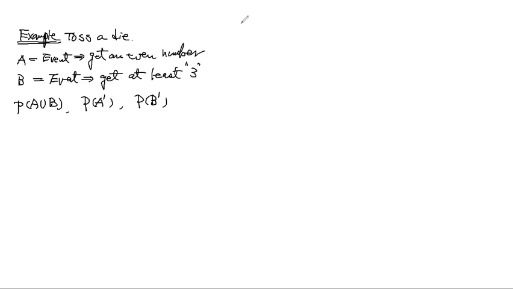So I toss a die. First, let's write down the sample space. The sample space here, I toss a die, is 1, 2, 3, 4, 5, and 6, correct? All right. So now the event A, I said the event A is getting an even number. So what is the event A?